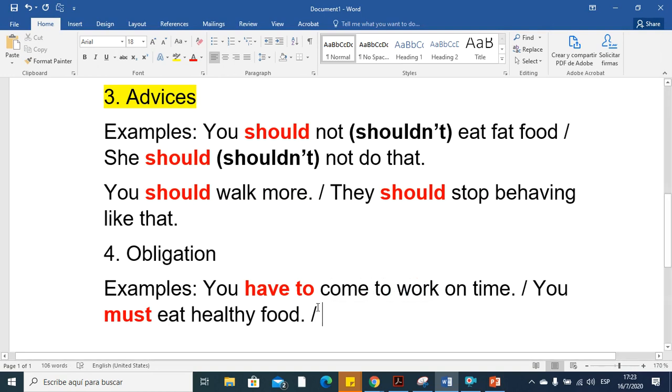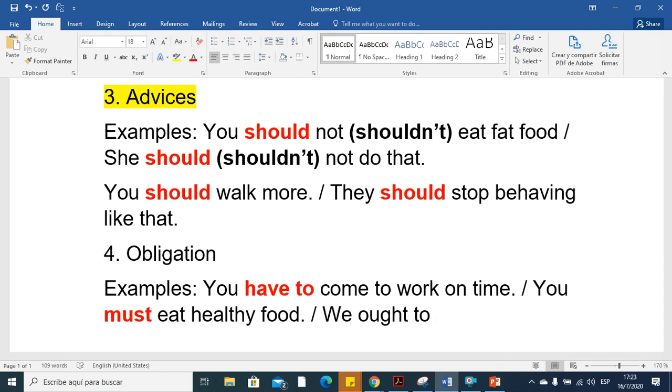Another one that I'm going to mention is not very common, but sometimes you're going to see it. You're going to see this more if you read a book or a magazine. We are not going to focus that much on it. I'm just going to mention it so you know that it does exist. We have another modal, for example, we ought to finish this project by tomorrow.